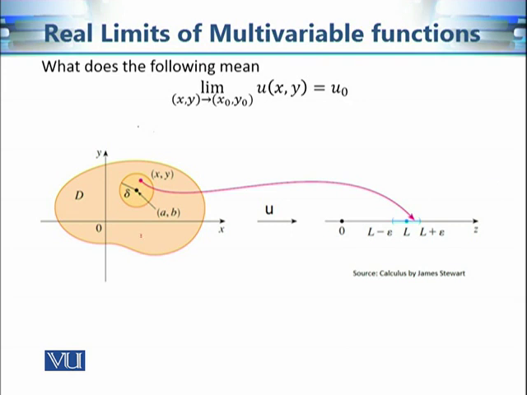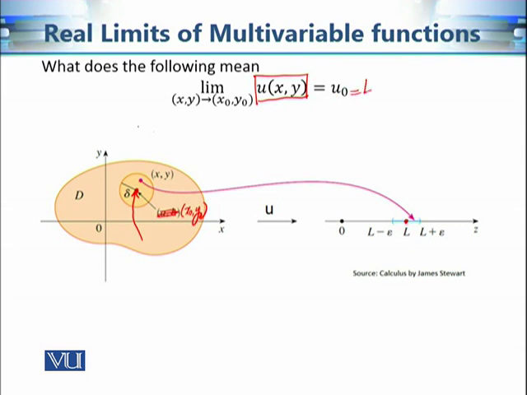So in other words, whenever we are getting closer and closer to this point, x0, y0, then the functional values, which are of course the output of this function, real numbers, are getting closer and closer to this value.